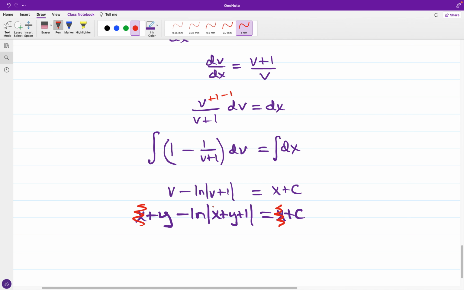You can leave the final answer in this form, but another way: if you were to get y by itself, you're not separating the x and the y altogether, but you would have that y is equal to the natural logarithm of the absolute value of x plus y plus 1 followed by the constant.